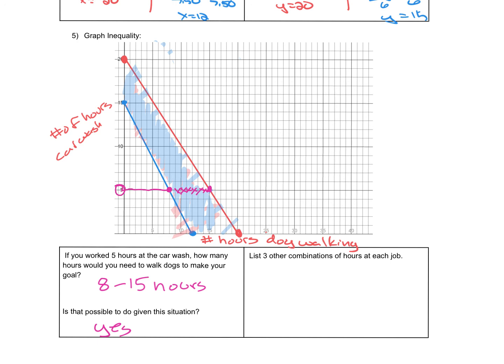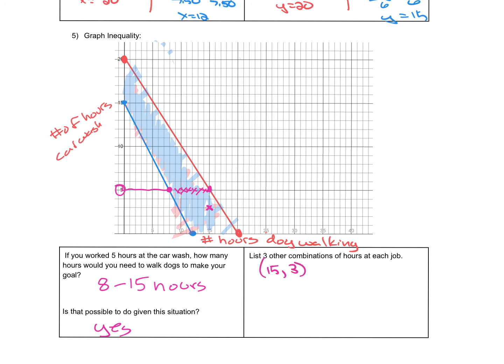List 3 other combinations of hours at each job. So other combinations are going to end up anywhere in this graph. So if we look here, that could be 15 hours dog walking, which would be 3 hours of car wash.